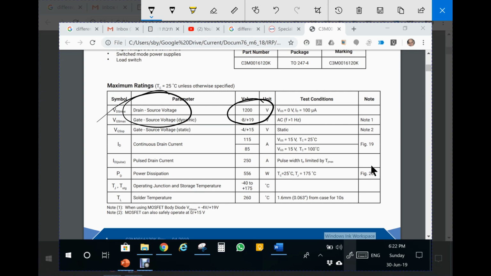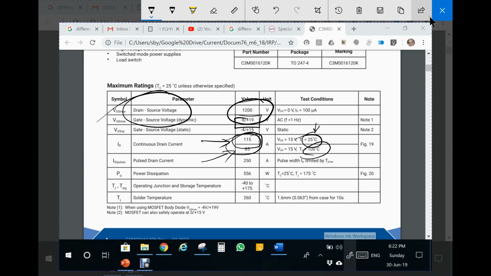The gate should not be outside this range, and then there are some other parameters. There is also a value for the continuous drain current. For 25 degrees it's 115 amp, and for 100 degrees it's 85. Now this is a kind of a funny number because it assumes that the casing is kept at a given temperature.